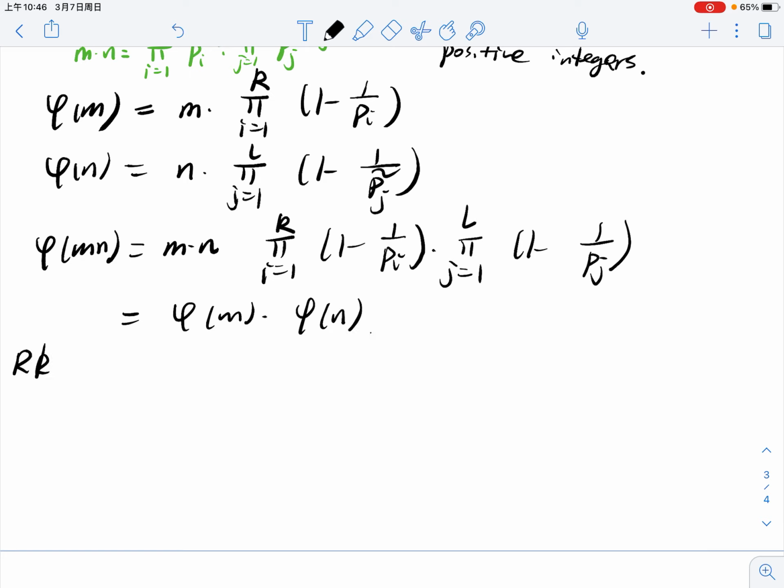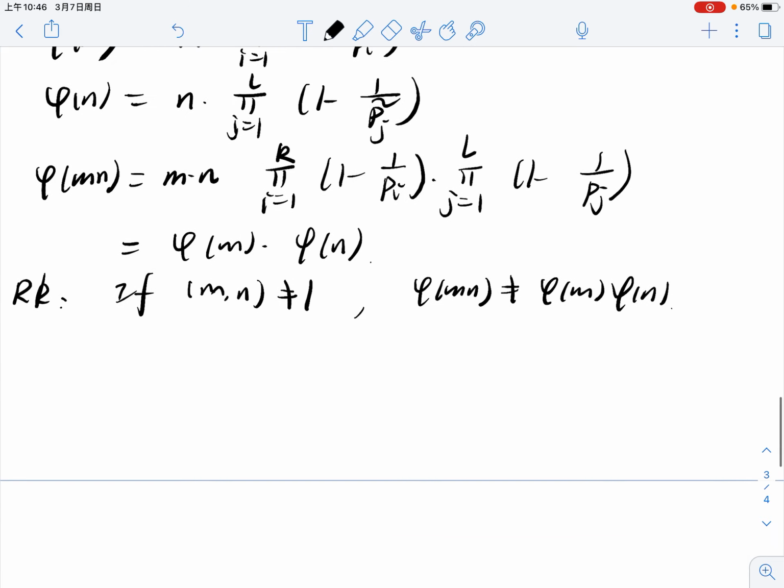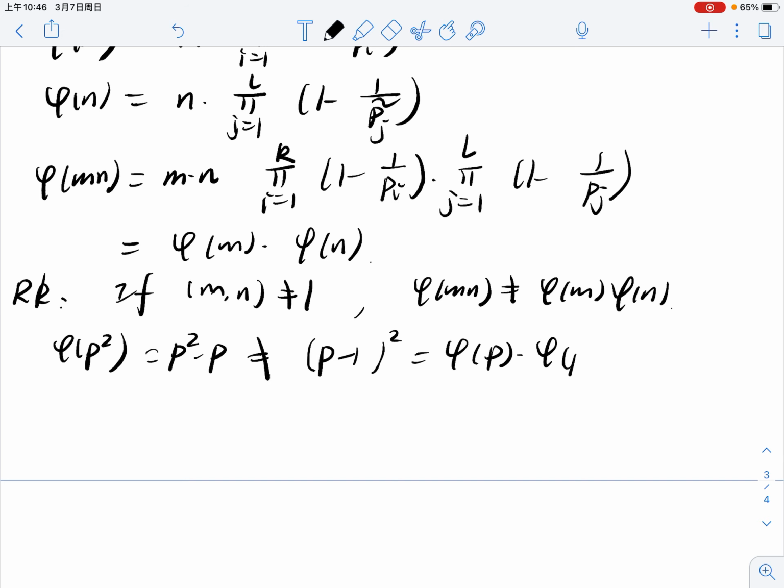And a quick remark is that if m and n have a common factor greater than 1, then in general this is not true. You can find an easy example. For example, phi of p squared is p squared minus p. It's different from p minus 1 squared, which is phi p times phi p.